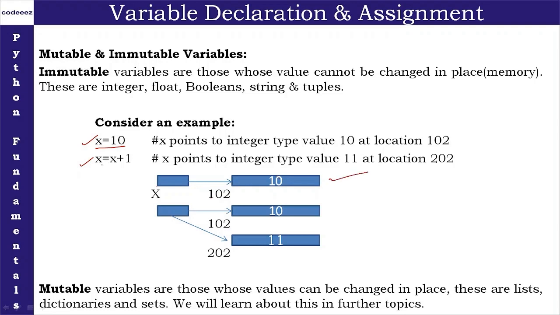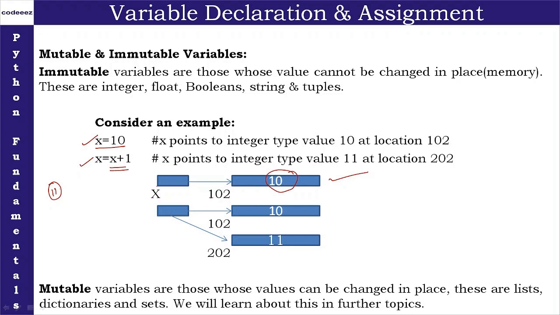The moment we updated the value of x, that is x equals x plus 1, what happens here? The previous value of x was 10, 10 plus 1 is 11, and x is reassigned the value 11. Now, in this case, the value 10 will not be updated to 11.